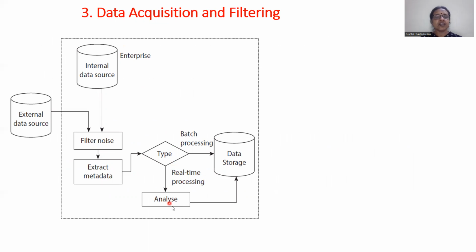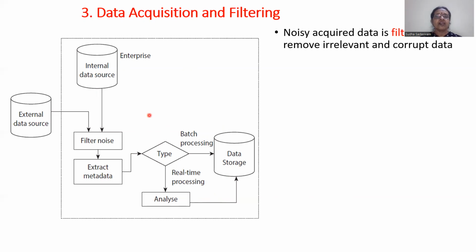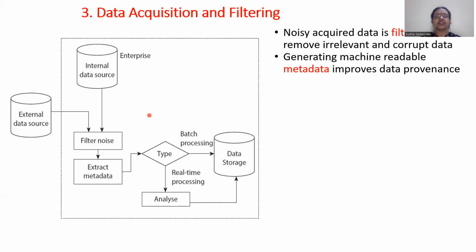If it is real-time analytics, then analysis is done and then the required data is stored in the storage device. So the third phase is how to acquire the data depending upon the type of the application, whether it is batch processing or real-time, and to filter out the noise and the unnecessary data. So that is the purpose of this particular phase.